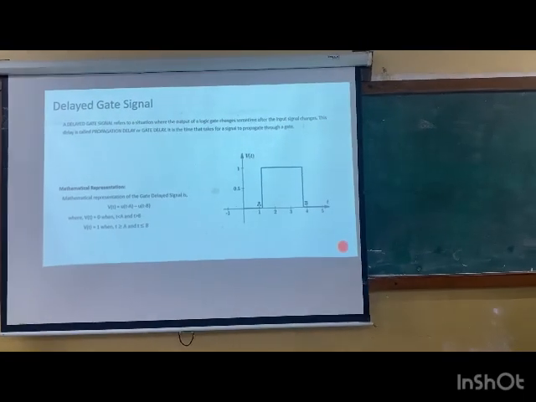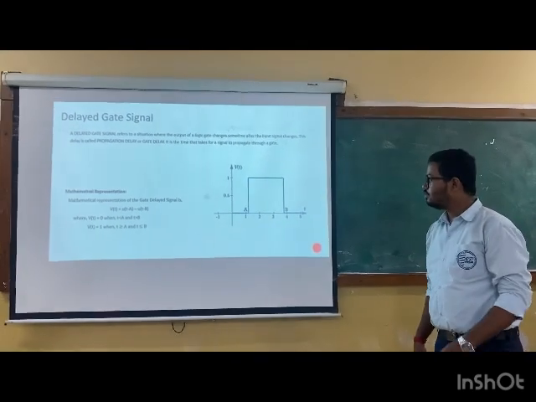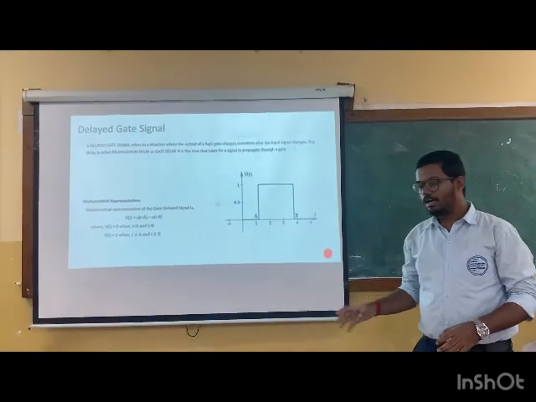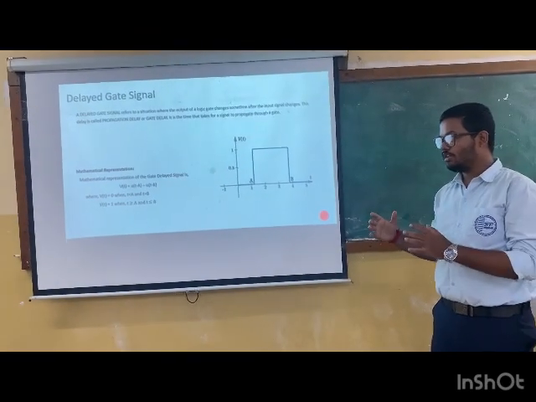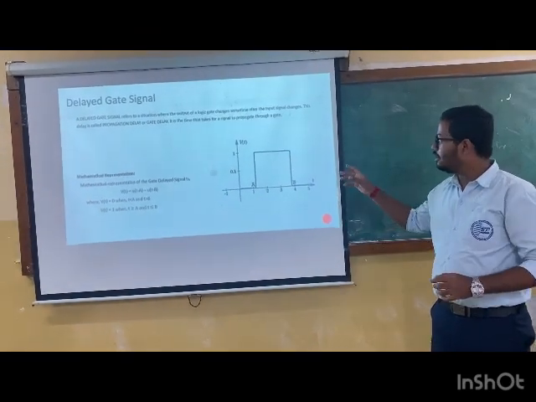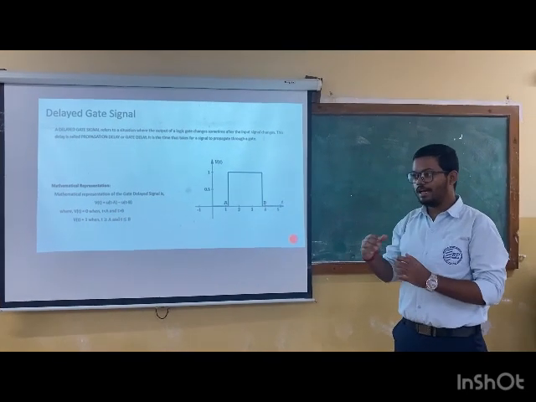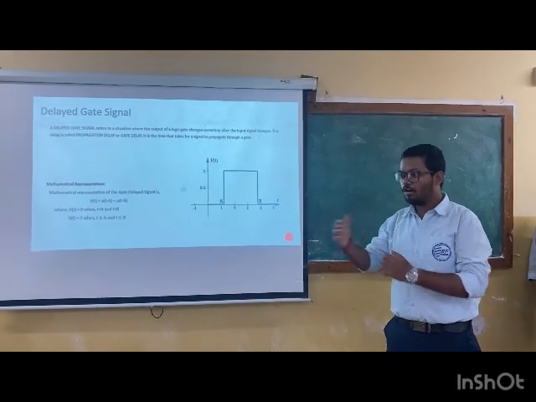Good morning, ma'am. So I will discuss the delayed gate signal. A gate signal is functionally a control signal that controls other systems, and the normal gate signal's output value is either 0 or 1, that means on and off.